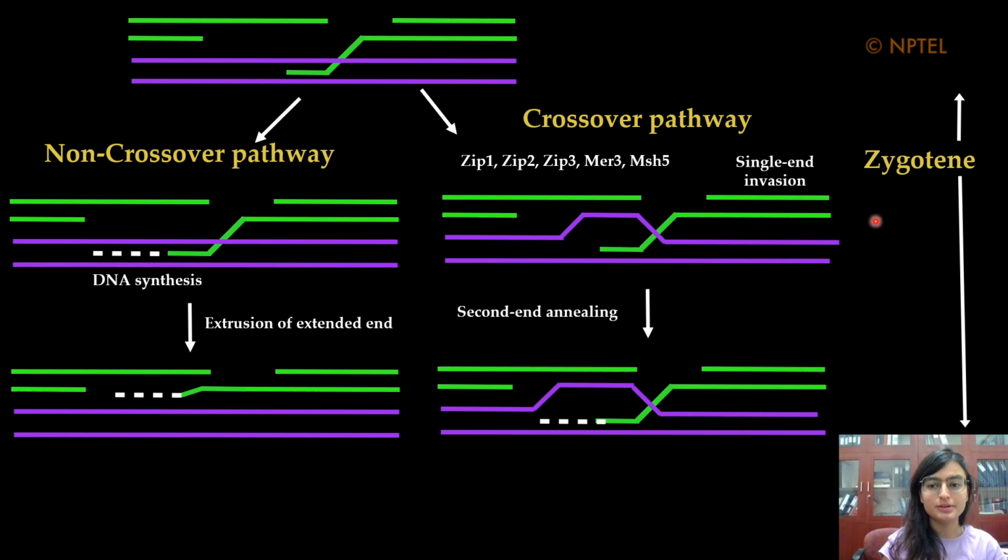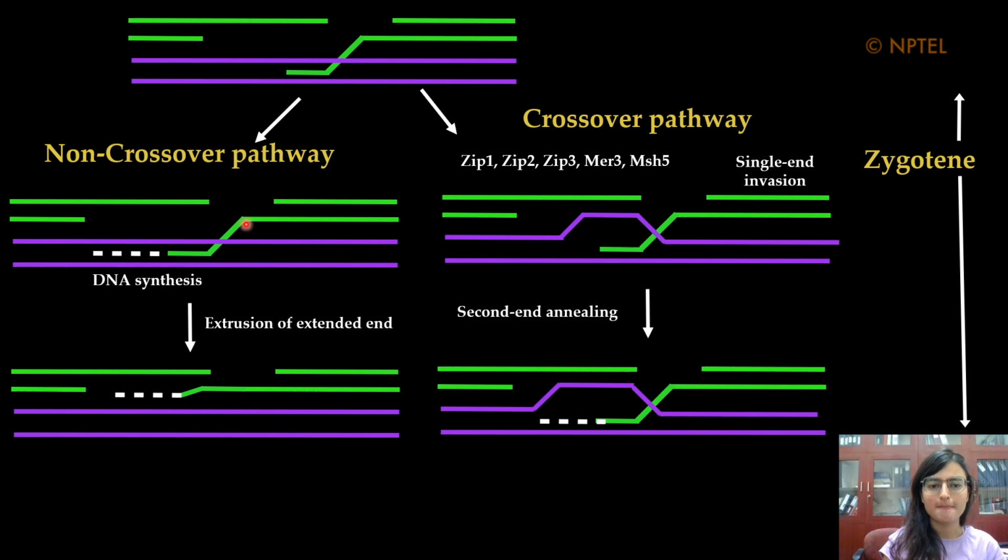Now during the zygotene stage, as we know earlier, the proximity between the two homologs is strengthened furthermore by co-alignment. Let us see mechanistically how that happens. So we ended up at a D-loop intermediate from where there are two pathways that the intermediate can follow. The first pathway is the non-crossover pathway.